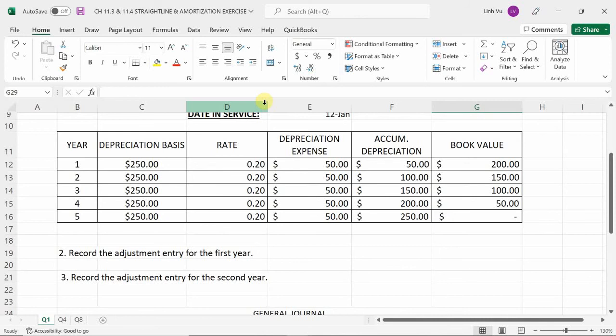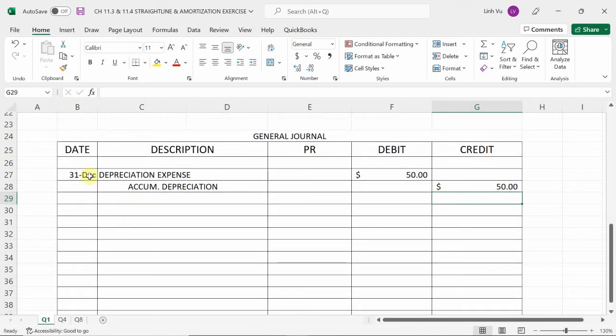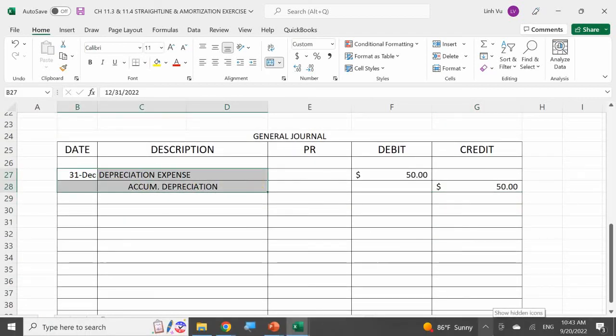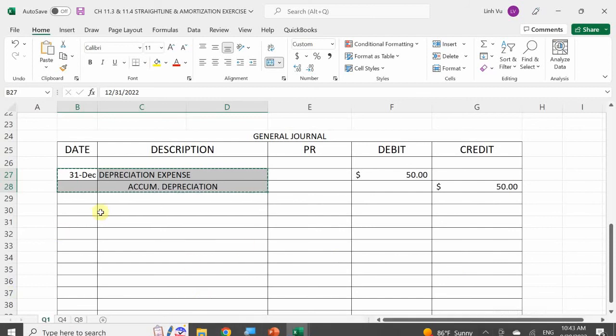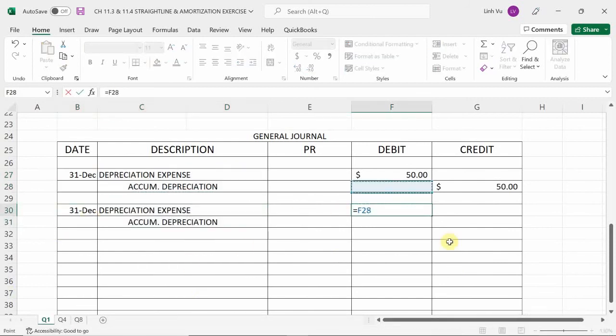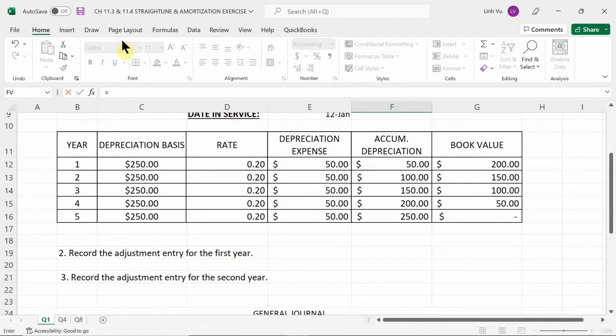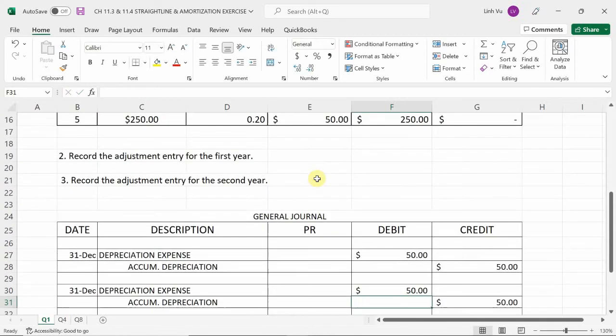Another $50. So in this case, your journal entry is identical every single year because you're going to depreciate the same amount every year. $50. Okay, so that is it for this problem.